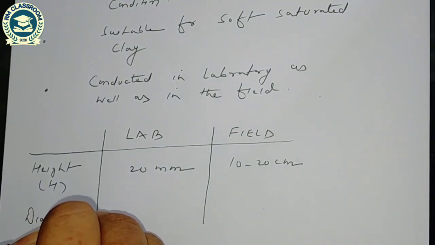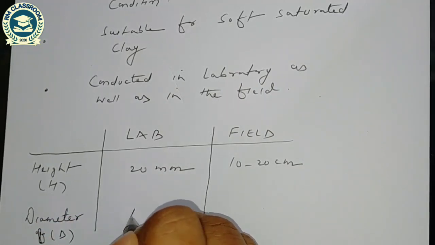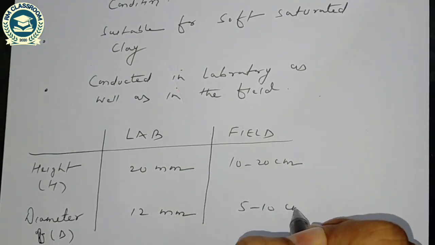Diameter of the vane: 12 mm and 5 to 10 centimeter.